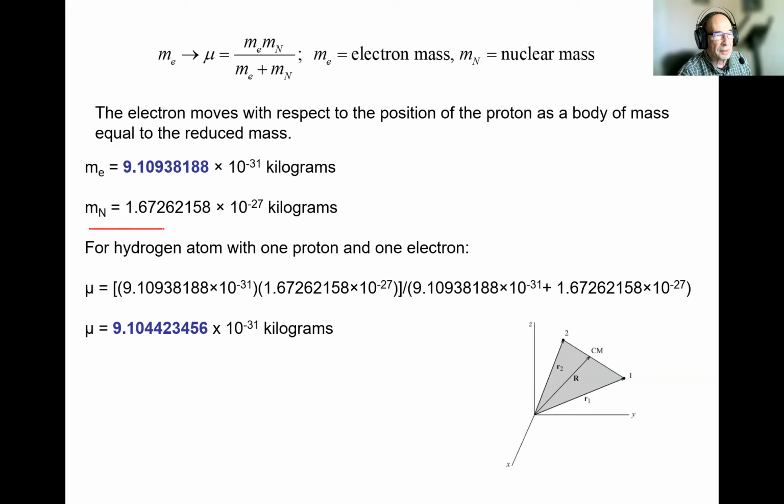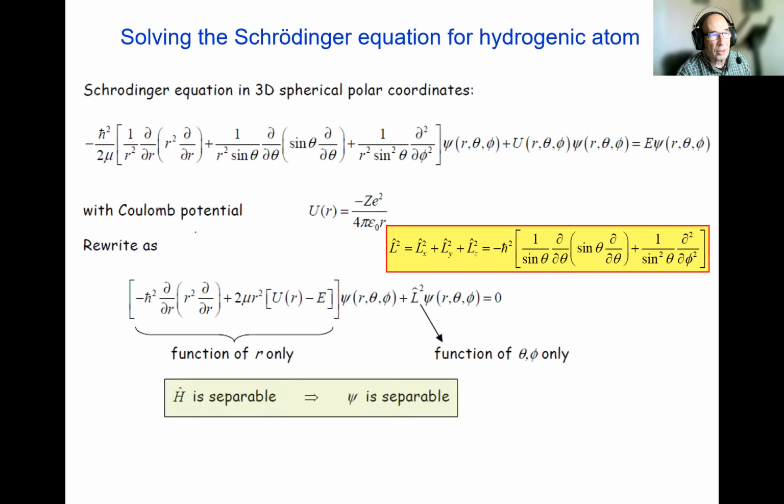The mass of the nucleus is about 2,000 times bigger than the mass of the electron, but you still make some error by assuming that the nucleus is completely nailed and not moving at all. In reality, you need to use this reduced mass for solving these equations. But never mind. Let's look, first of all, at how to solve the Schrödinger equation for this hydrogen atom or hydrogenic atom.